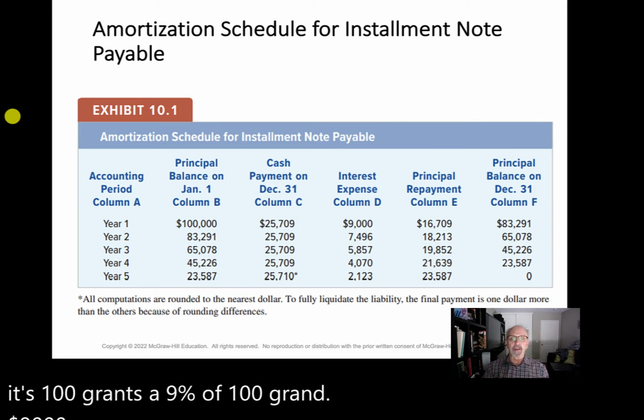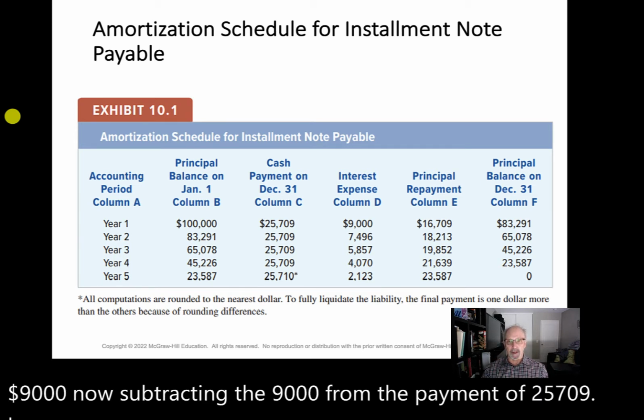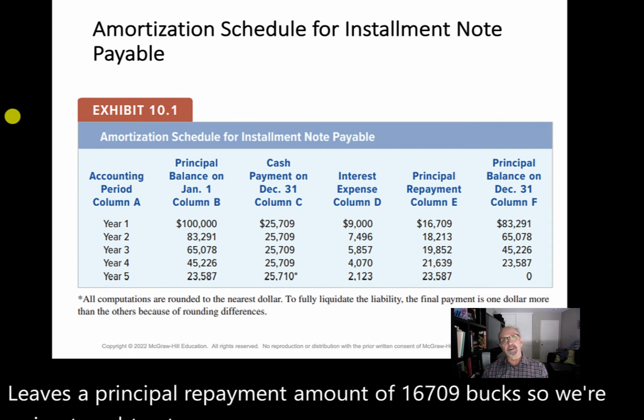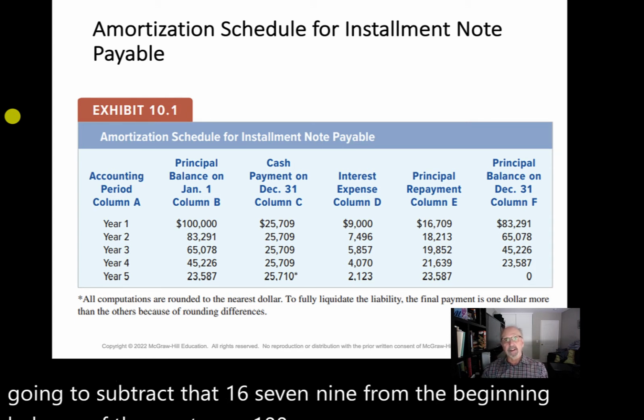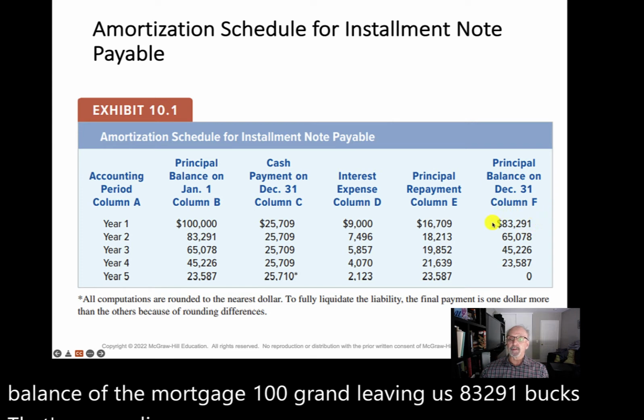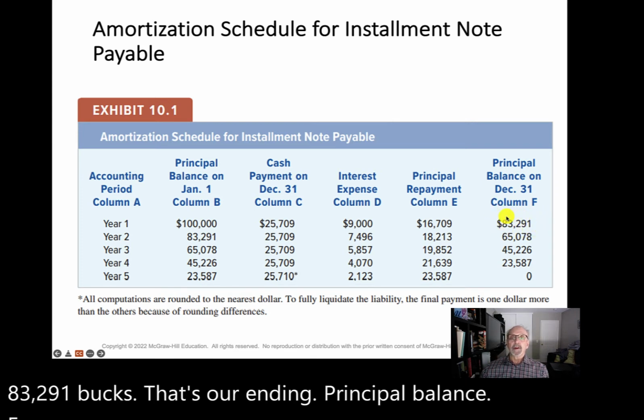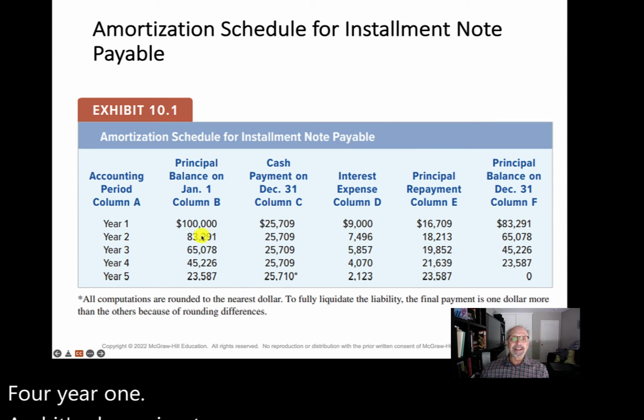Subtracting the $9,000 from the payment of $25,709 leaves a principal repayment amount of $16,709. So we subtract that $16,709 from the beginning balance of the mortgage, $100,000, leaving us $83,291. That's our ending principal balance for year 1. That's also going to become the beginning principal balance for year 2.